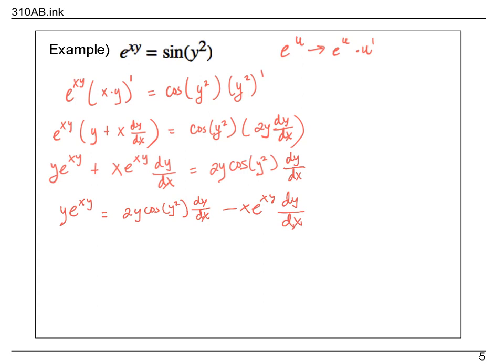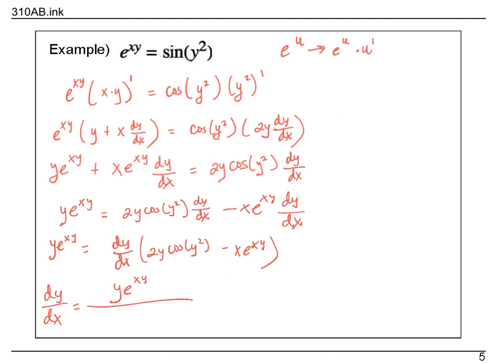And then I can factor them out. And then finally divide over. So dy over dx equals y e to the xy. Divide by 2y cosine of y squared minus x e to the xy.